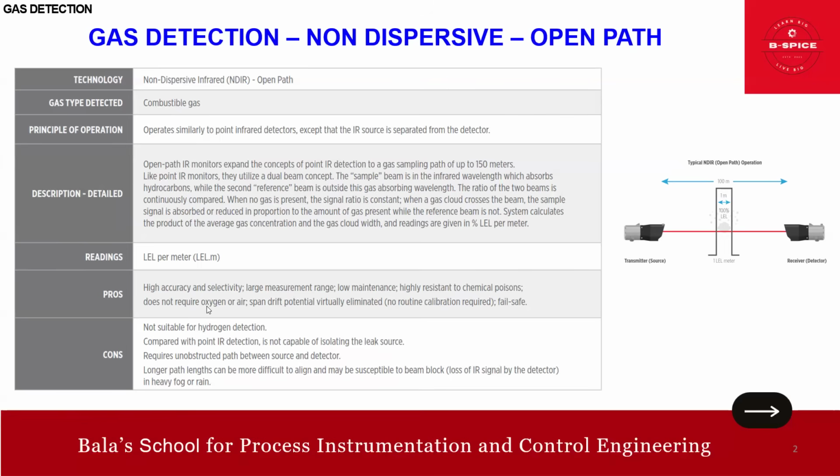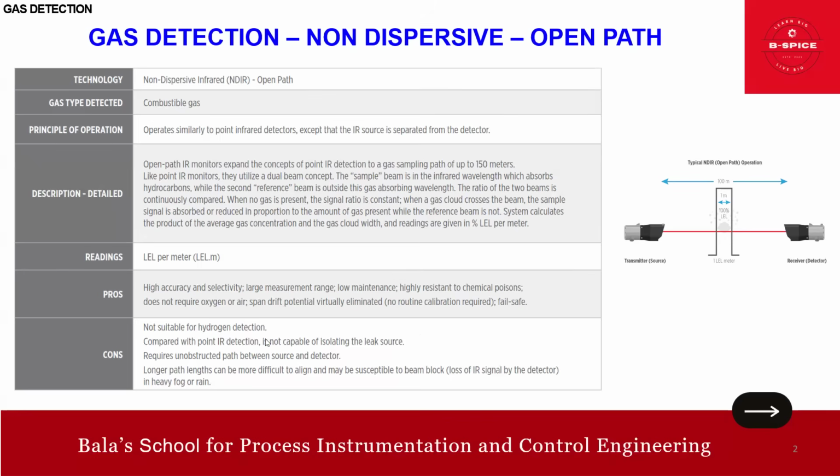It does not require oxygen or air. And of course, the span drift potential is virtually eliminated, meaning no routine calibration. Almost the same as the point type, fail safe, all these, except that this is expanded up to 150 meters. It is not a particular point; it is coverage up to 150 meters.